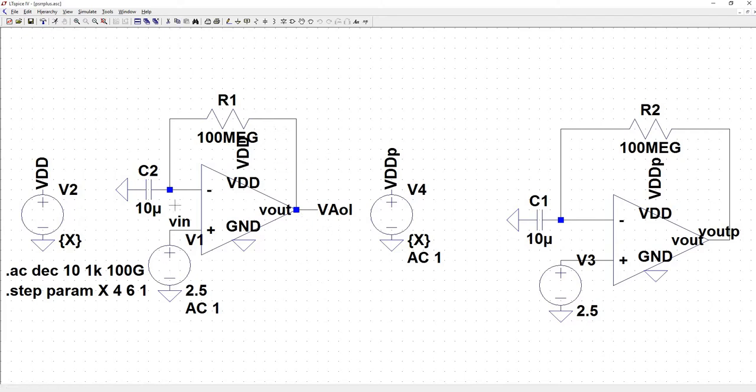We're just doing a basic follower, and because it's a follower, that's how you're getting the VAOL. Here we're stepping VDD from 4 to 6 in 1 volt increments, just like we always have. The only difference is here, we're going to be applying an AC signal to VDD and seeing how the op amp responds on the plus terminal. So let's run this.